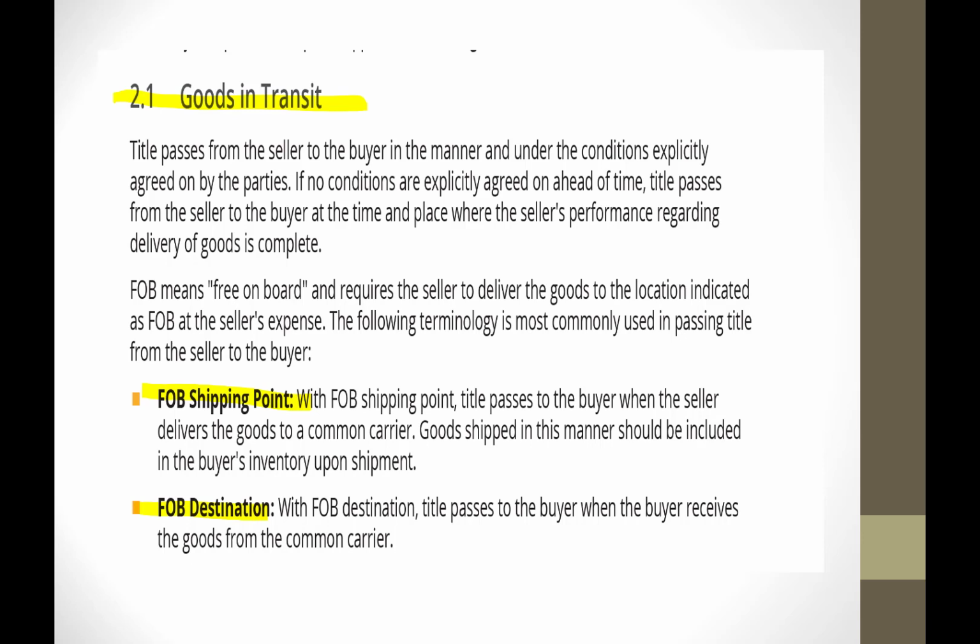Free on board shipping point means title passes when the goods are actually what? Delivered? Not delivered to the purchaser, but when they're picked up by the purchaser, that's when they get included in the purchaser's ending inventory, free on board shipping point.